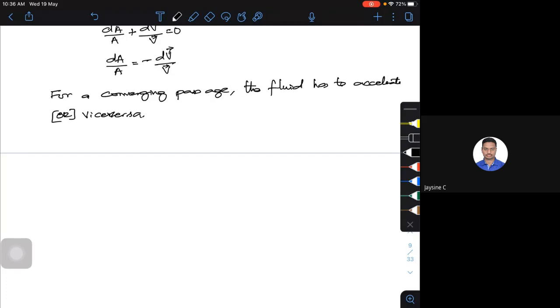Usually, for a subsonic flow, for a converging nozzle, what will be your dP by P, and what will be your dP by P for a diverging portion, that is the pressure gradient?